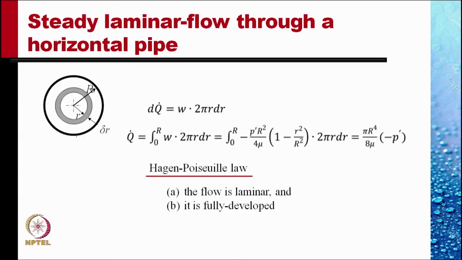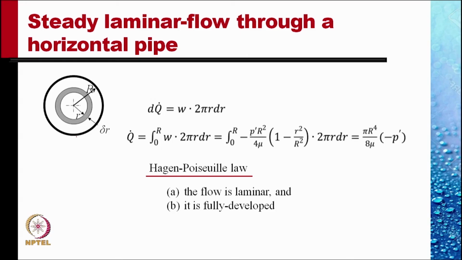We can find out the volume flow rate like we did before. dQ dot is equal to the velocity times the area of the ring, 2 pi r dr, and integrating we find out the volume flow rate as pi R4 by 8 mu into minus p prime.